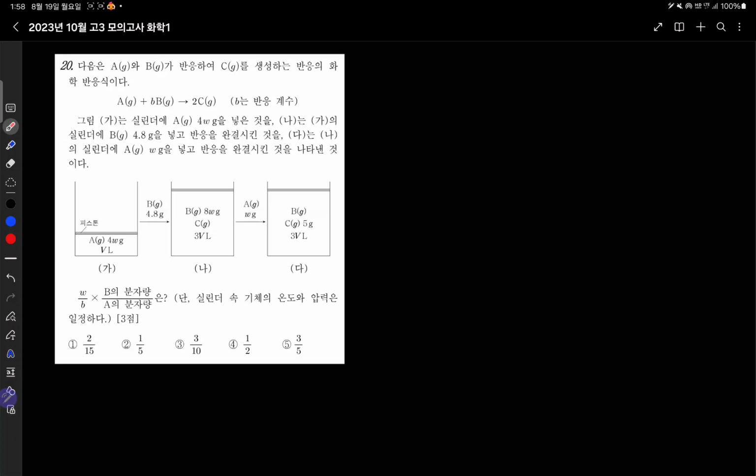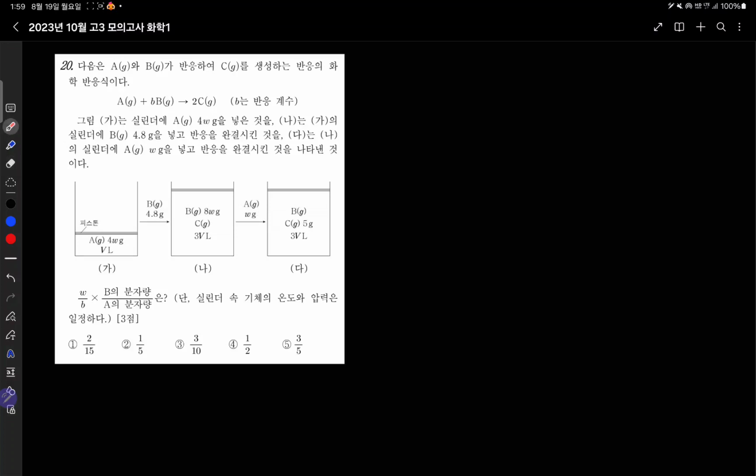As A is limiting, they introduced more of gas A with the mass of W gram. After the second reaction, still B and C remain in the cylinder. So A is still limiting.